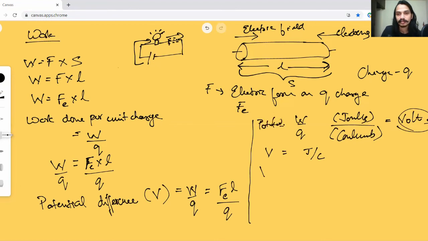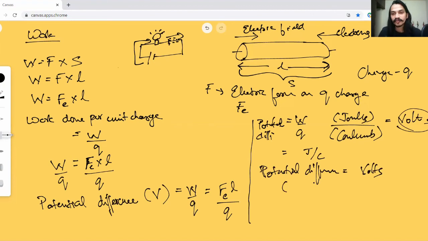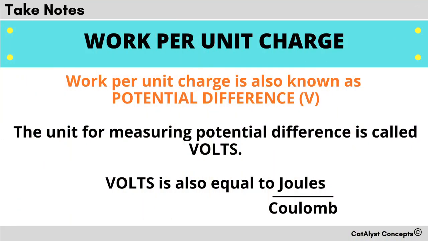Potential difference equals W by Q, which is nothing but J divided by C, joules per coulomb, which is nothing but volt. So potential difference is calculated in the unit volts. The symbol for potential difference is also V, and the symbol for the unit is also V. Kind of a very easy way to figure out that the potential difference unit is volt.